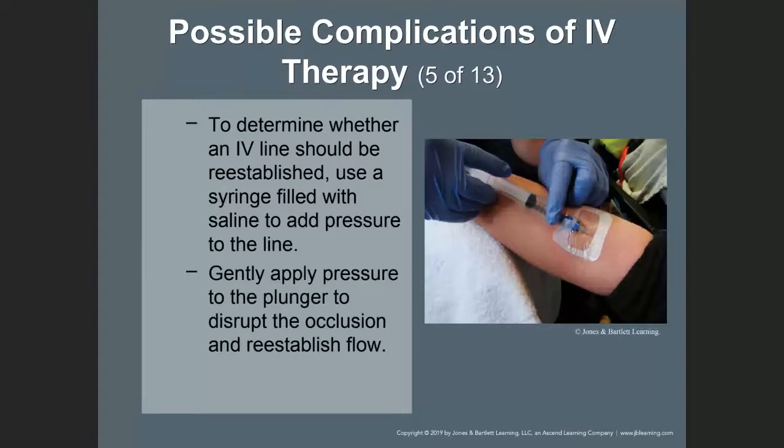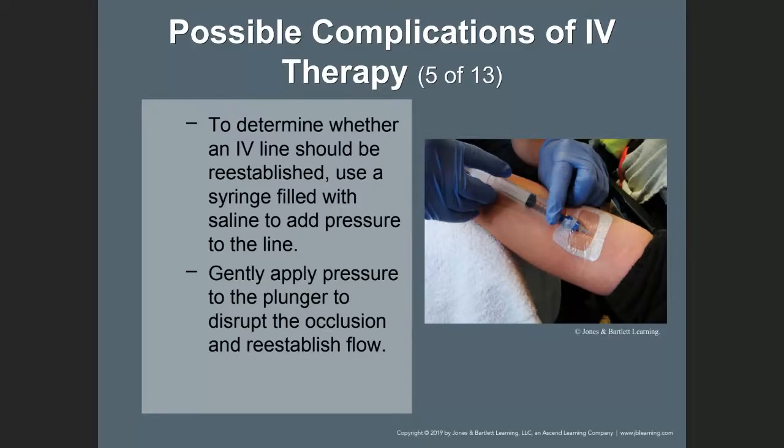To determine whether an IV line should be re-established, use a syringe filled with saline to add pressure to the line. And it's usually going to be a 10 ml syringe with saline solution. Gently apply pressure to the plunger to disrupt occlusion and re-establish flow.